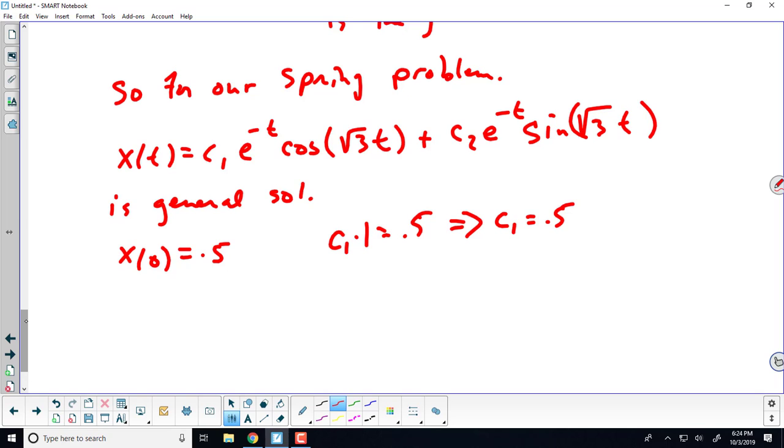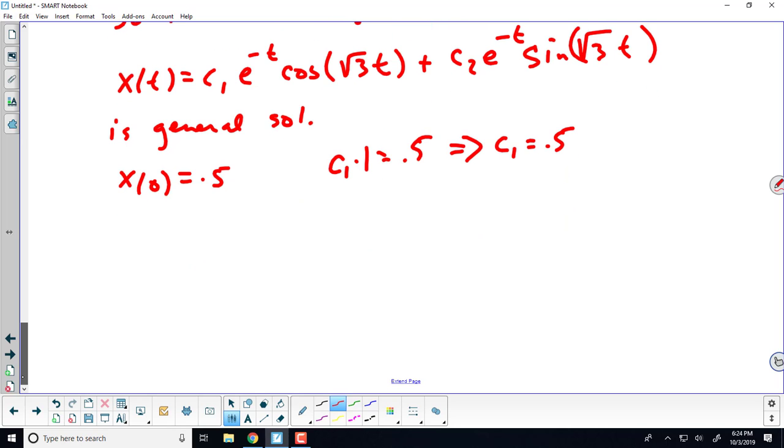Okay. So what do I have to do next? That helped me find one of the constants. Don't you have to differentiate? Yeah, we got to differentiate this, right? Or excuse me, differentiate this and then evaluate at 0.